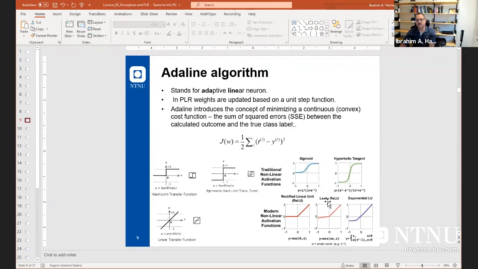There are many different types of activation functions: sigmoid, hyperbolic tangent, and the modern nonlinear activation functions like rectified linear unit, leaky rectified linear unit, exponential linear unit. We use those activation functions in deep learning, and they are very, very important.